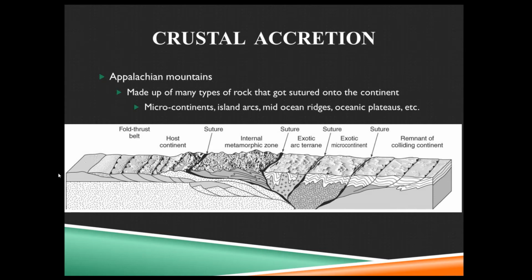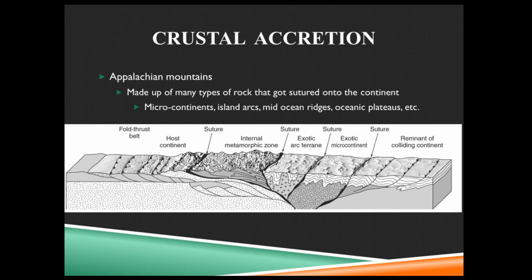On the inner continental side, we have a fold thrust belt and host continental material. So this side of the mountains is made up of stuff that was there, that was part of North America.